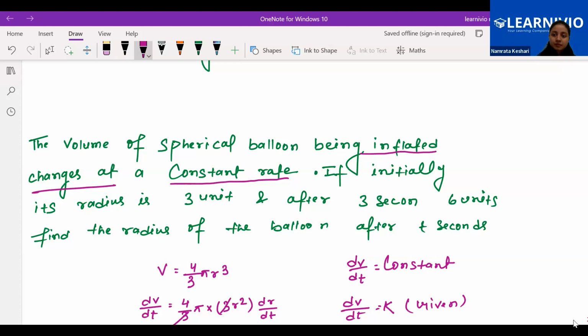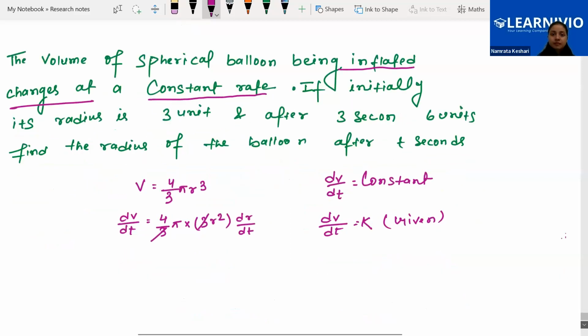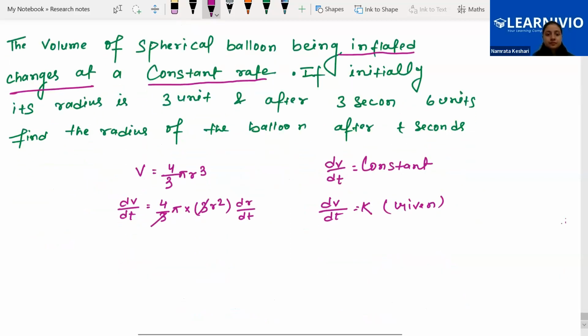So it becomes 4 pi r cube by 3. K is equal to 4 pi r square dr/dt. Now this is a differential equation.